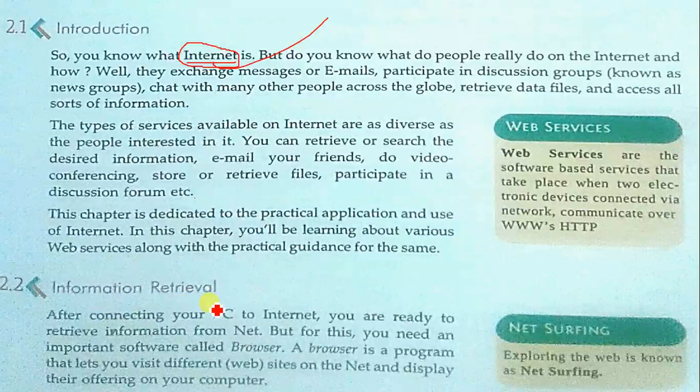Now, information retrieval. Among these tasks which we discussed, first we are taking information retrieval, that is, how we can retrieve information by using the internet. After connecting our PC to the internet, we are ready to retrieve information from the net.